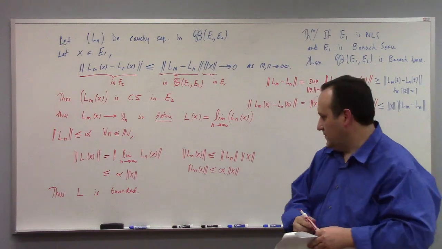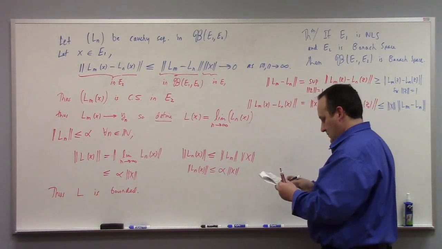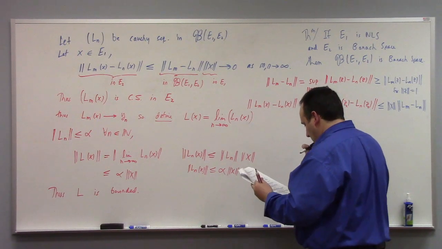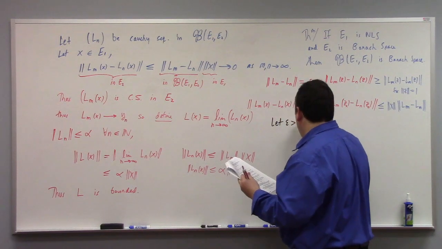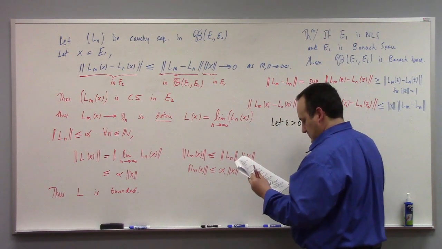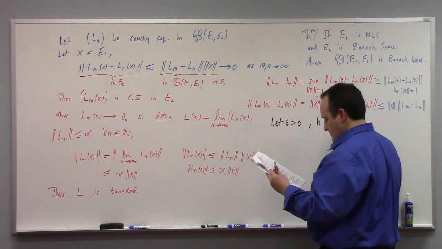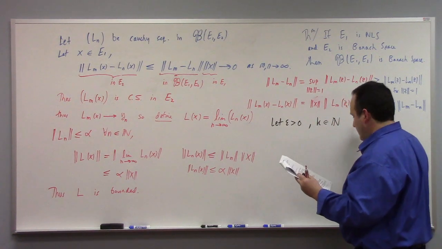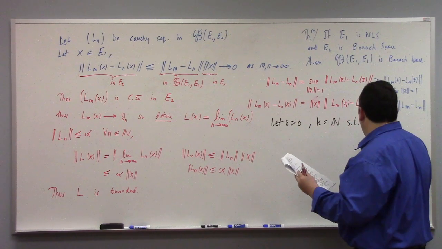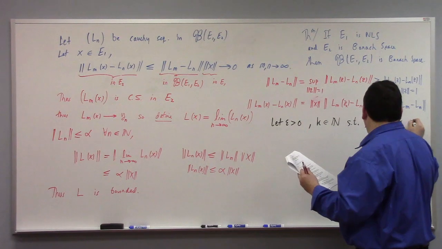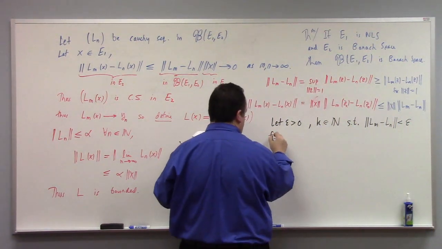All right, so let's see here. He says let epsilon be greater than 0 and let k be a natural number such that the norm of Lm minus Ln is less than epsilon, right, for m, n greater than or equal to k.